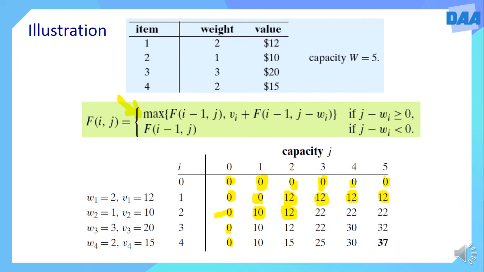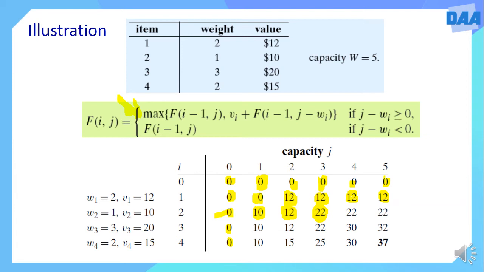Similarly, the next part, let us understand how this value is got. Anyway, we have to compare. Go ahead with the first one only. Max of f of i minus 1, j, it is nothing but 12. vi is nothing but 10 plus f of i minus 1, 3 minus 1, that is nothing but 2.